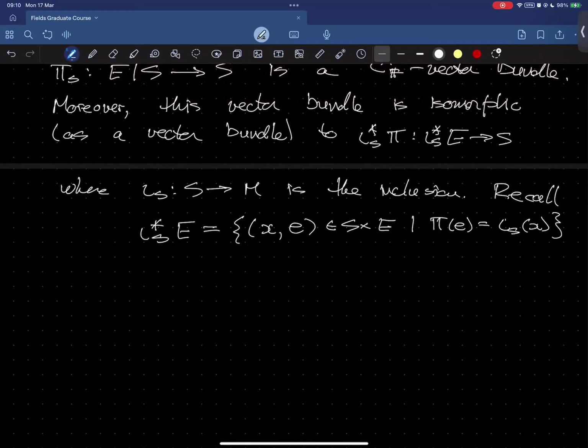That's the definition of this set, which is the total space for this vector bundle.